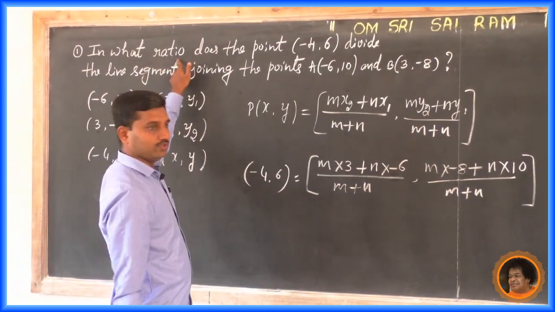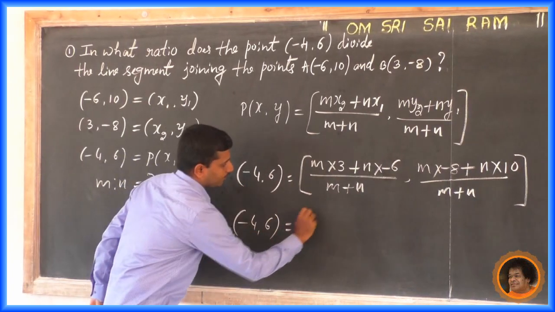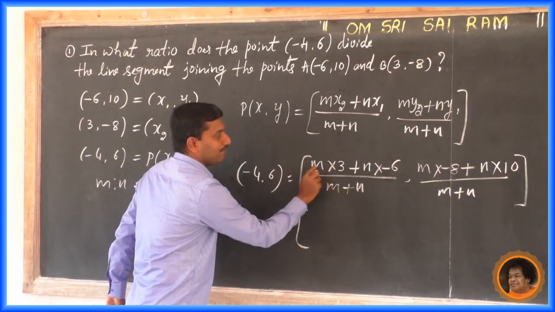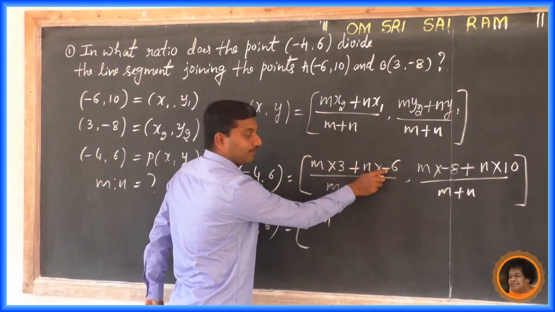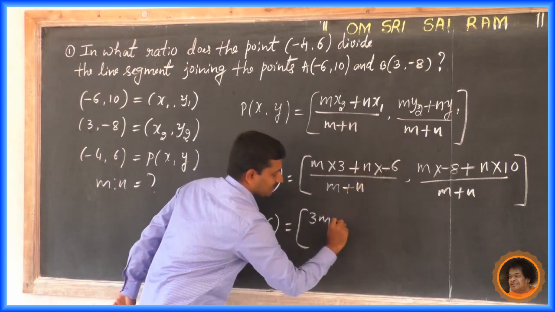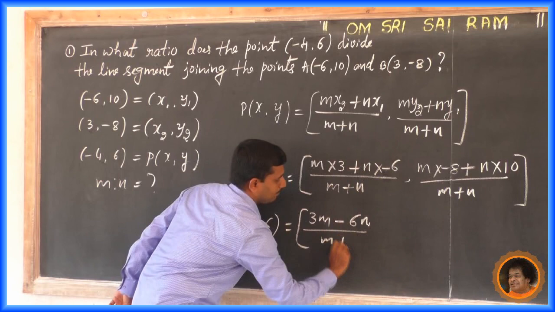In what ratio? So next, simplify. So (-4, 6) equals m into 3, that is 3m. So look at the sign, plus into minus, that is minus 6 into n, that is 6n, divided by m plus n.